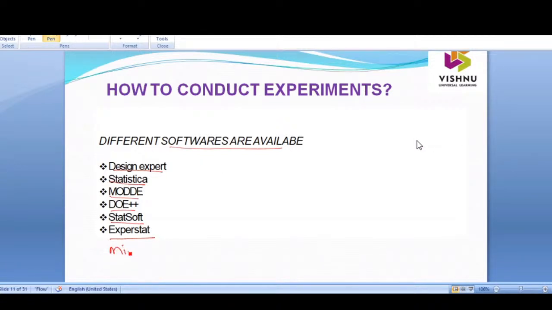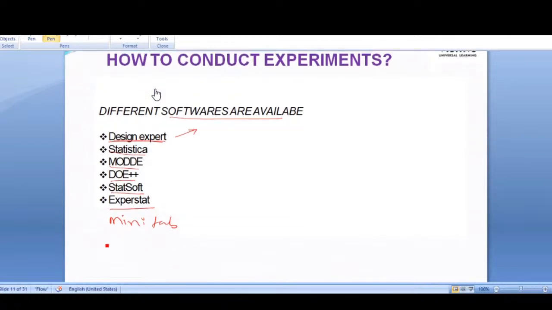One more design tool will also be available. So these are the software tools. You can use any of these tools to find the optimum number of experiments. In my research, I have used the Design Expert software to design the experiments.